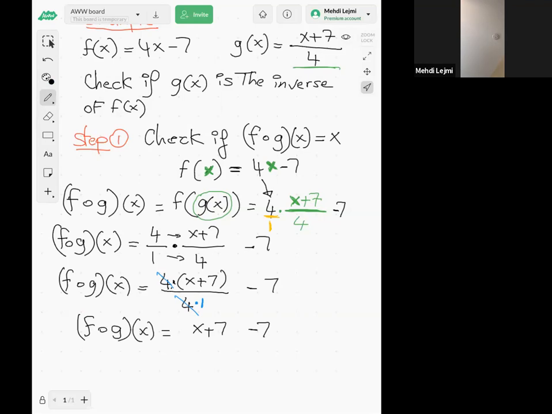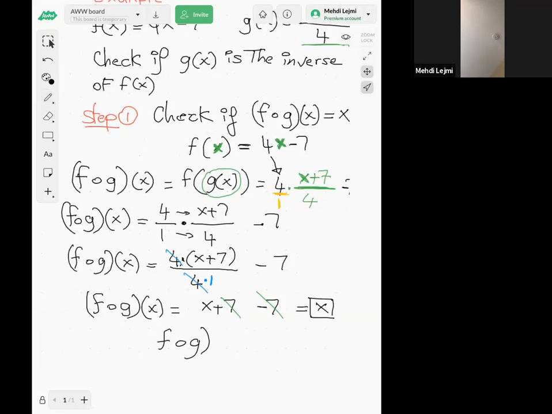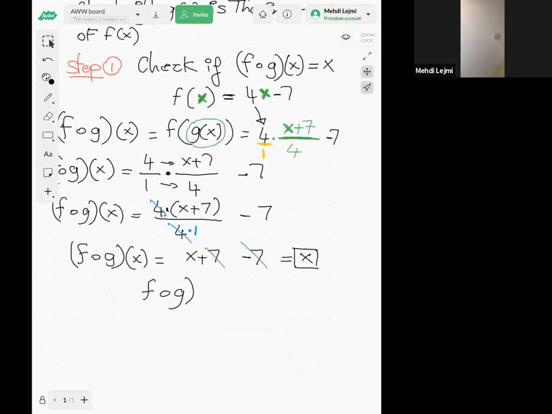And then the 7 cancels out, 7 minus 7, and so the answer would be just x. All right, so you see I got x. That's exactly the definition. So f composed with g of x is equal to x.